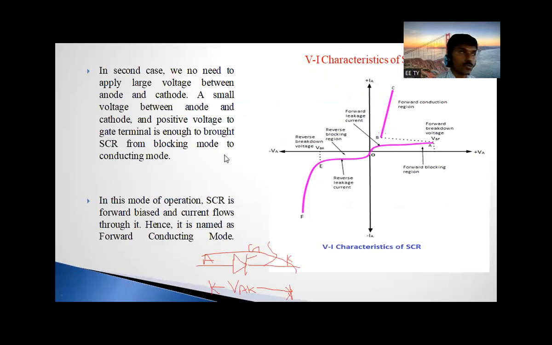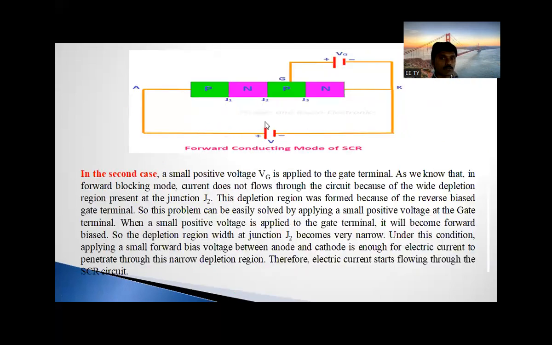Gate current is used only for turning on the device. हाँ डिप्लेशन जो लेयर रहता है उसको फिनिश करने के लिए. सो वो डिप्लेशन लेयर फिनिश करने के लिए टू मेथड्स है. आपको ये वोल्टेज भी इंक्रीज कर सकते हो बट ज्यादा वोल्टेज अप्लाई करना पड़ेगा. आपके पास अगर 230 वोल्ट से अगर आपको गेट सर्किट यूज नहीं करना है तो वही सप्लाई से अगर टर्न ऑन करना डिवाइस को तो आपको ज्यादा वोल्टेज लगेगा. तो कहाँ से लाओगे कितना वोल्टेज? इसलिए अपन को गेट सर्किट को स्मॉल वोल्टेज पे अप्लाई किया डिवाइस इजीली टर्न ऑन.